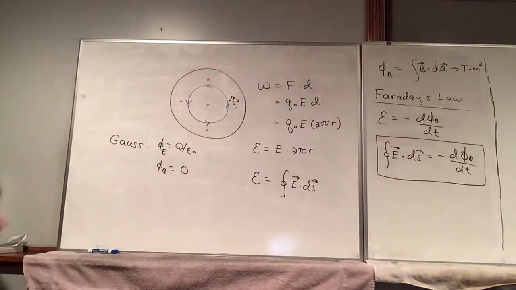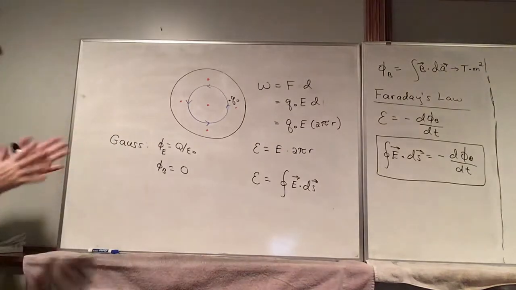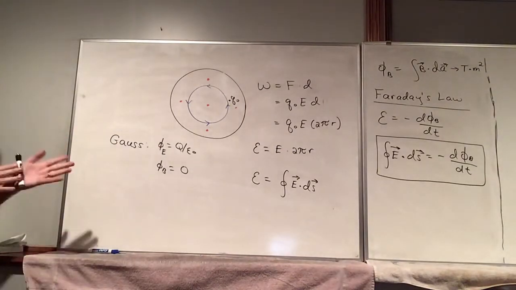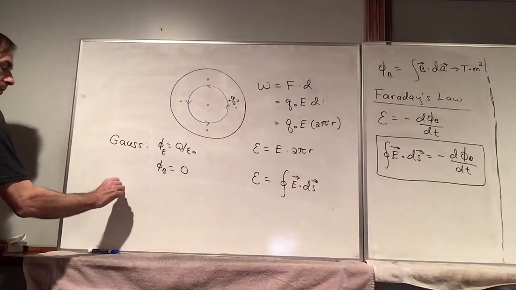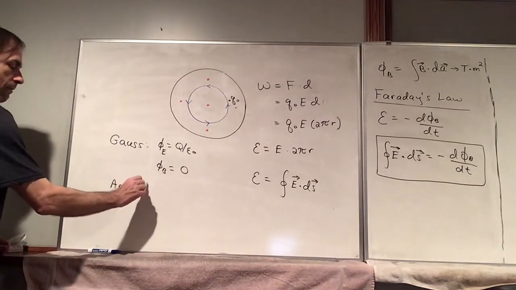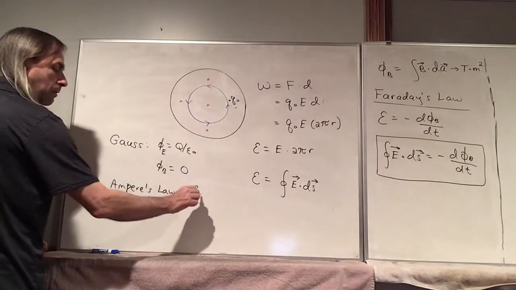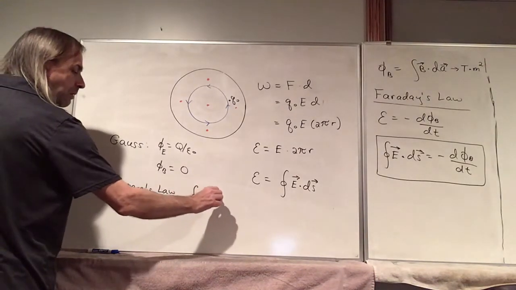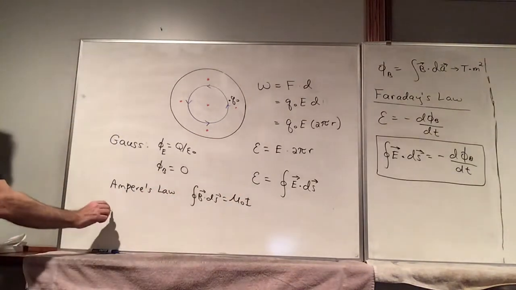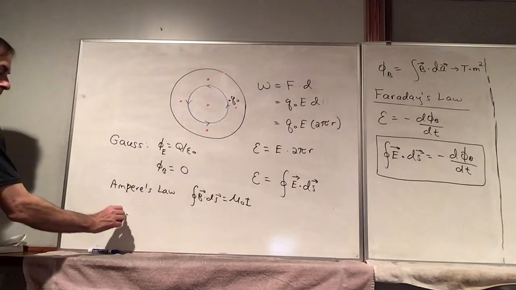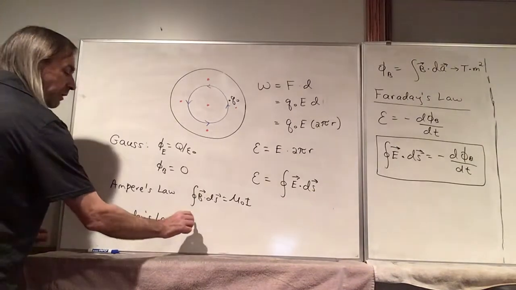Magnetic flux around any closed volume is 0, which is the no magnetic monopole rule. We have Ampere's law, and now we have Faraday's law, which we could write this way.